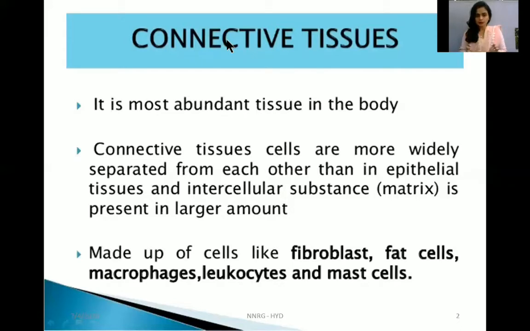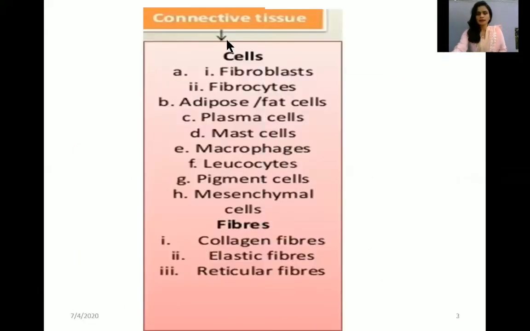This connective tissue is made up of different types of fibers and different types of cells, which make the extracellular matrix or the ground substance. They are the fibroblasts, fibrocytes, adipose or fat cells, plasma cells, mast cells, macrophages, leukocytes, pigment cells, mesenchymal cells, and the different fibers present in connective tissue are collagen fibers, elastic fibers, and reticular fibers.